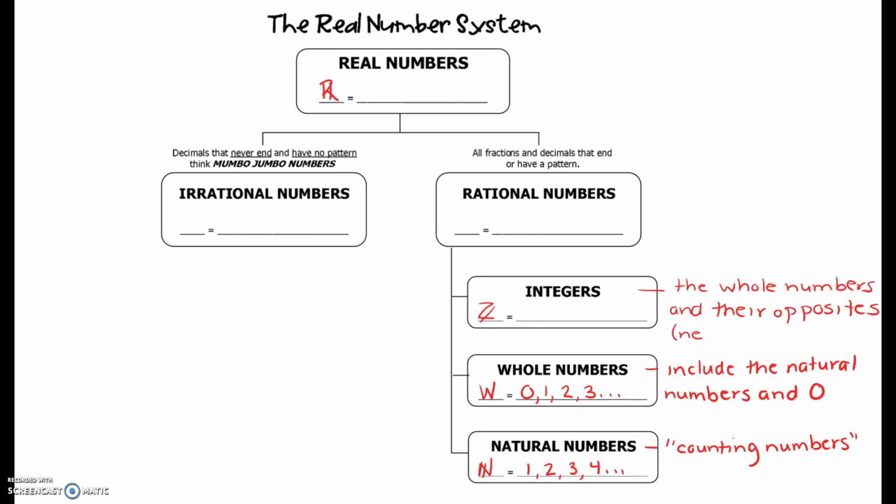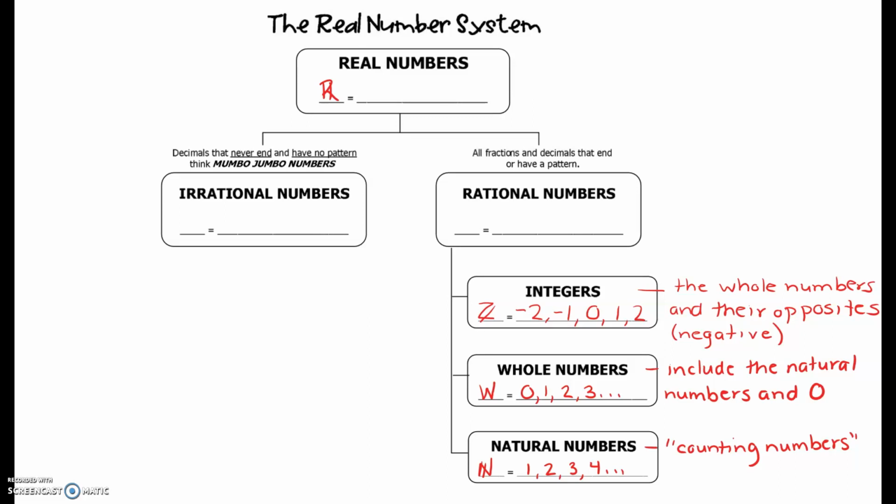So I'm going to put that here in parentheses. So what I mean by opposites is we have these positive whole numbers, but we also have their opposites, which would be -2, -1, 0, 1, 2, and so on. Okay? So those are our three subsets.